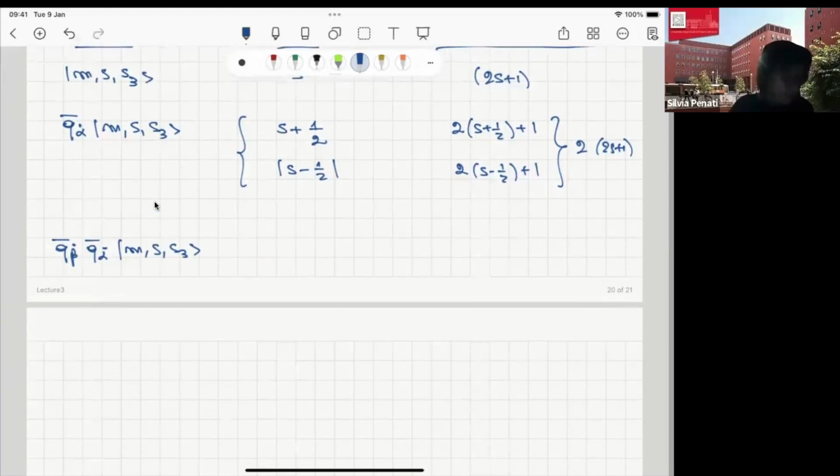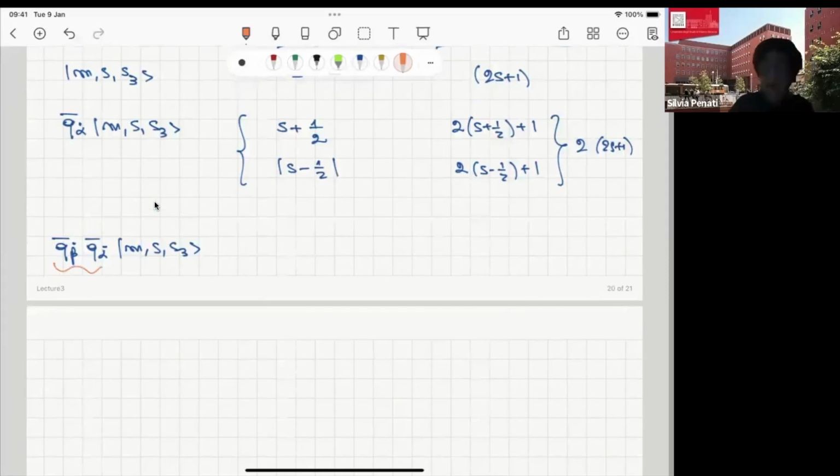Okay, however, if you remember the famous Fields identities that I wrote at the very beginning of the course, this Q bar beta dot, Q bar alpha dot can be written as proportional to epsilon alpha dot beta dot Q bar square applied to M S S3, where Q bar square means Q bar alpha dot contracted with Q bar alpha dot.